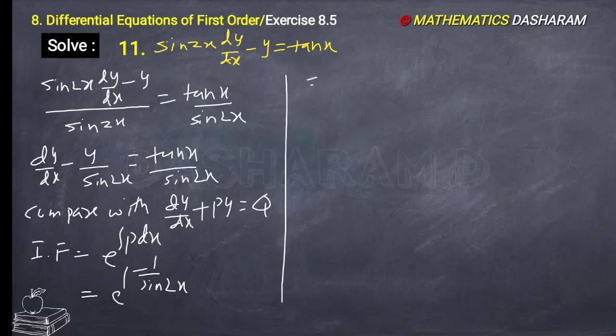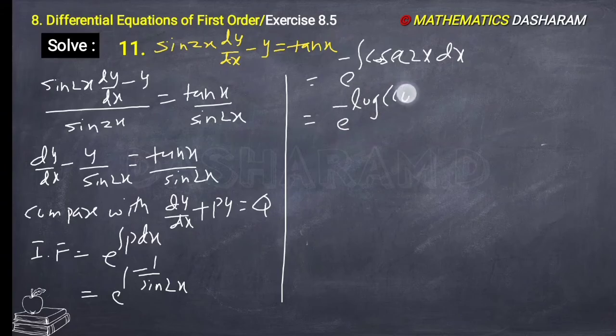So it equals e to the power of integration of minus 1 by sin 2x, and 1 by sin 2x means cosec 2x, dx. So it equals e to the power of minus log of (cosec 2x minus cot 2x) by 2.